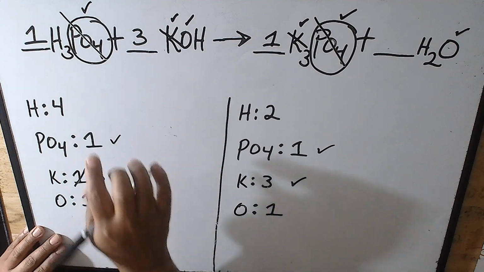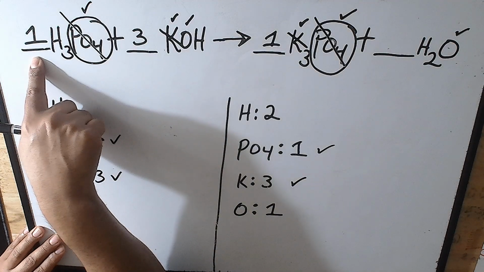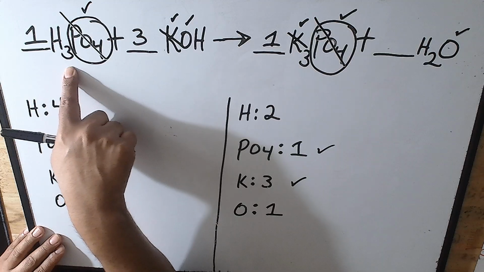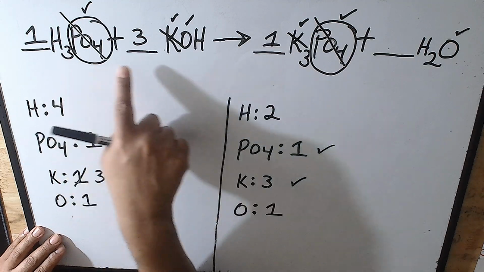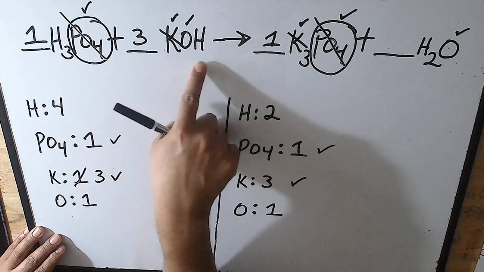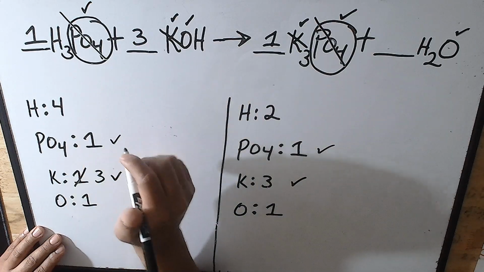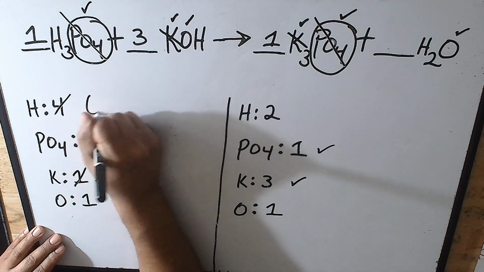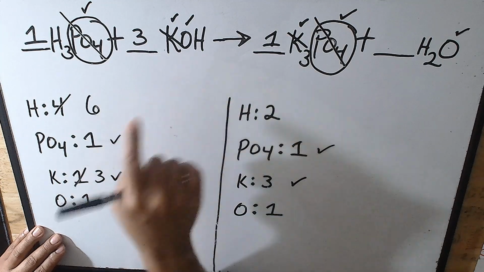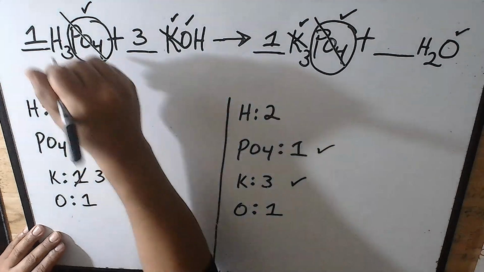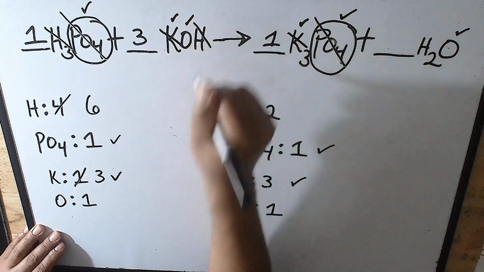Now, whenever I put this one in the coefficient, it locks also the hydrogen. So 1 times 3 gives me 3, and then plus 3 from over here gives me a total of 6. So I can mark my hydrogens.